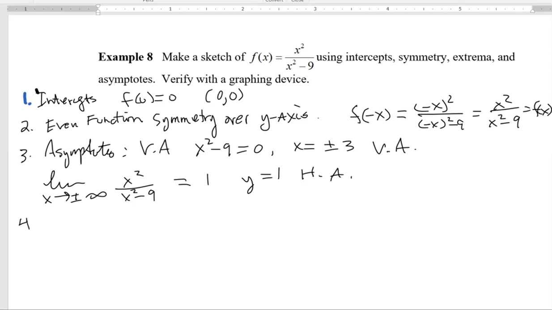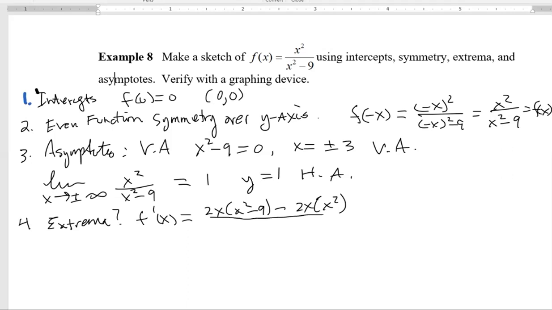Now, 4. Let's look for extrema. Are there any? Well, let's find out. F prime of x is going to be 2x times x squared minus 9, minus 2x times x squared. Derivative of the numerator times the denominator, minus the derivative of the denominator times the numerator, all divided by the denominator squared.